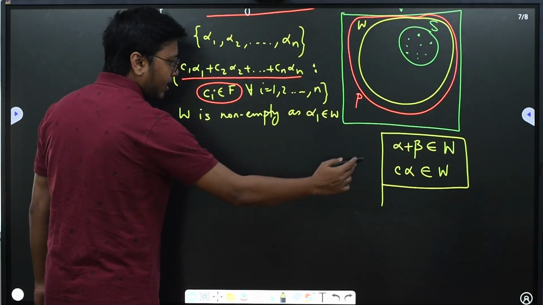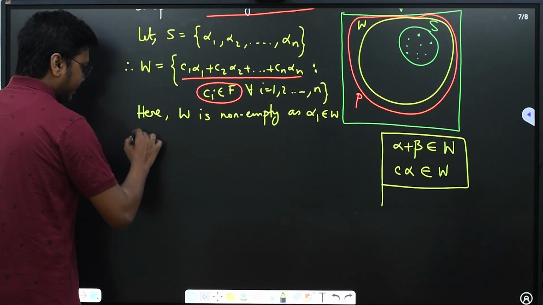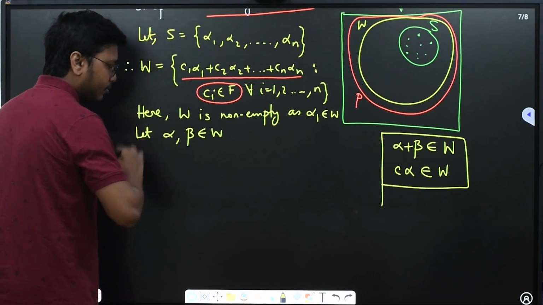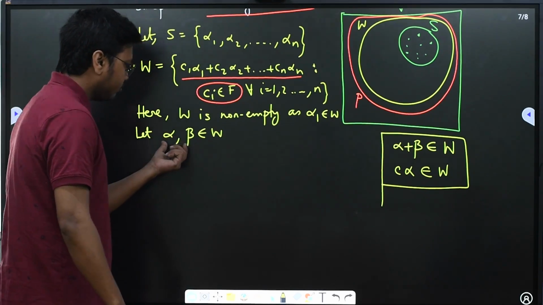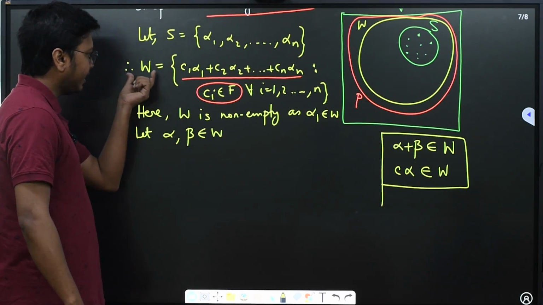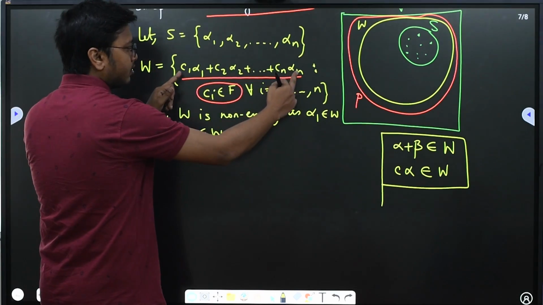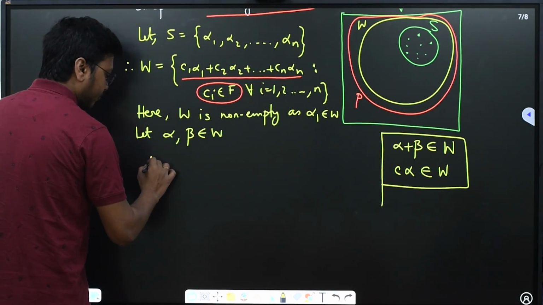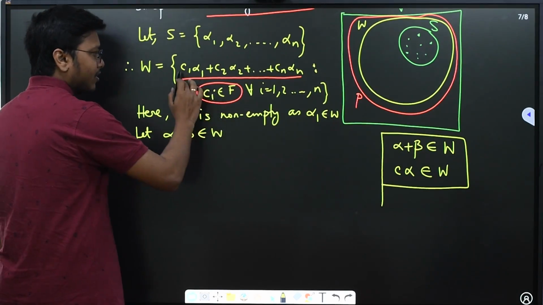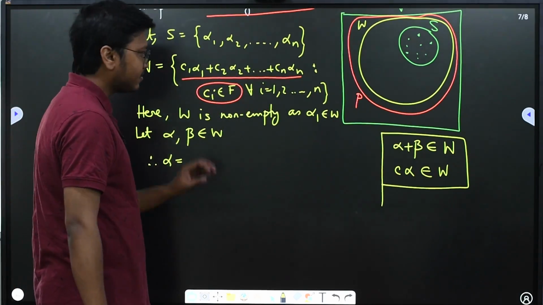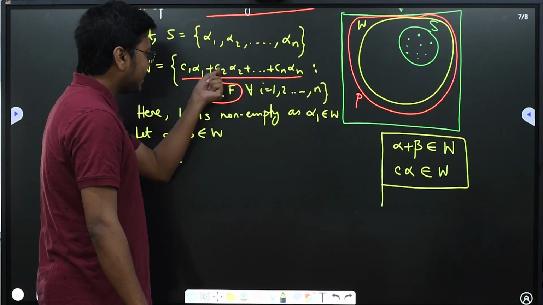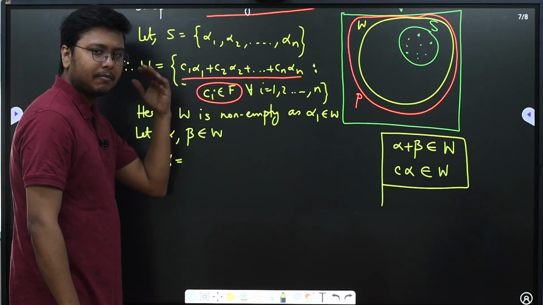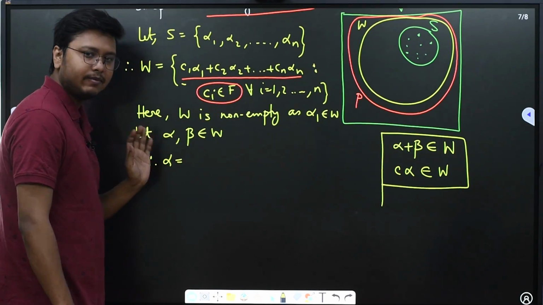Now I am coming to this property. I am saying that let alpha, beta belong to W. So I need to define how these elements are going to look. Whenever I take an element from W, it looks something like this. Therefore, I'll just change the name of the constants. If I take some specific constants for C1, C2, Cn, then I get the alpha element, and with some other specific constants I get the element beta.